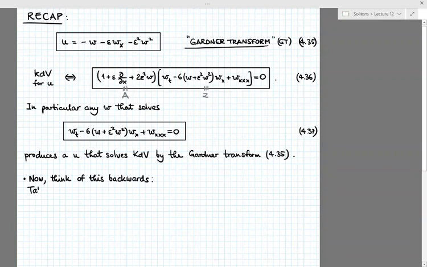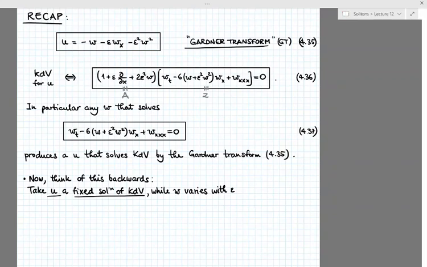Namely, we take the field U, a fixed solution of the KdV equation, and think of the new field W as something that varies with epsilon, the parameter that we introduce in the Gardner transform and in equation 4.36, in such a way that the Gardner transform 4.35 holds.